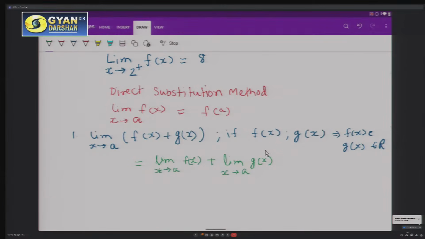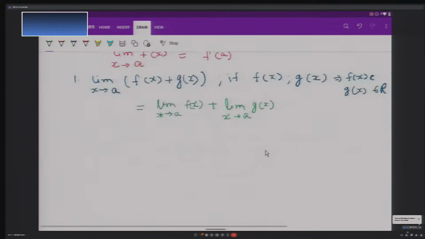It may seem trivial to you, but this is important, and there is a proof which we are not going into because this is not in your course. But this is quite simple, and you can use it anytime.